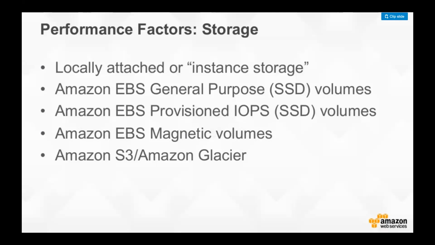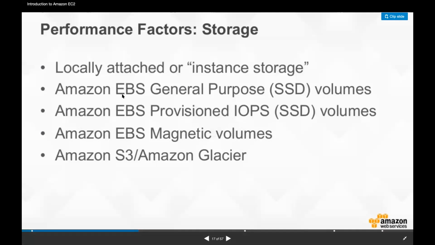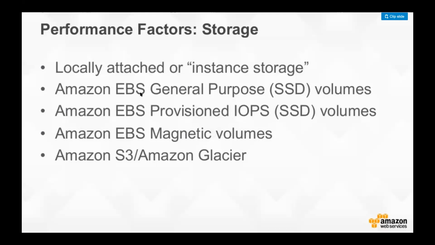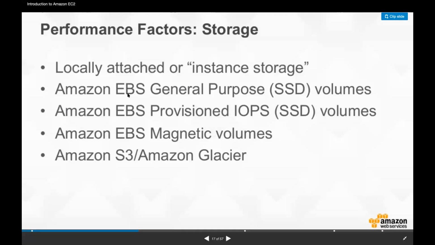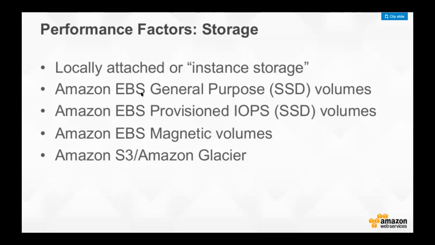That hard disk is called EBS. EBS stands for Elastic Block Storage. EC2 means Elastic Compute Cloud. EBS means Elastic Block Storage. That is another service from AWS, where when you provision an EC2 instance, you have a chance to attach an EBS volume to that EC2 instance.